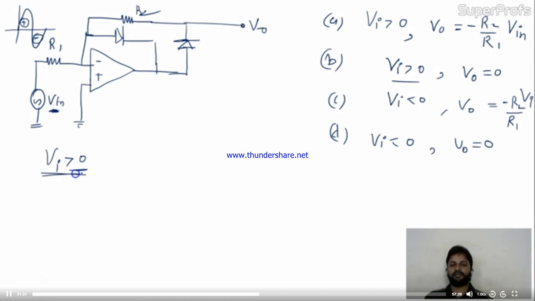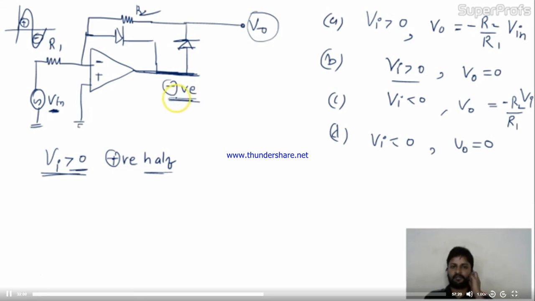If the circuit is an inverting amplifier, at the output of the OPAMP, not this point, you will get negative, because it will invert the input whatever you applied. I'm talking about the positive half first, where Vi is greater than 0.